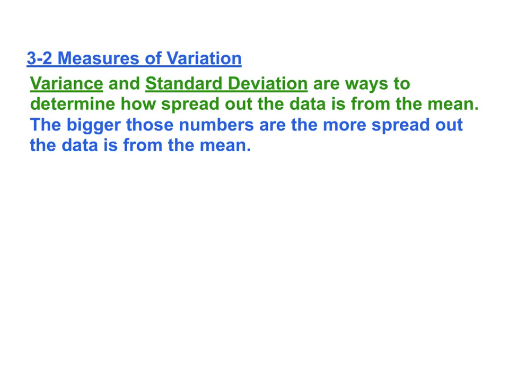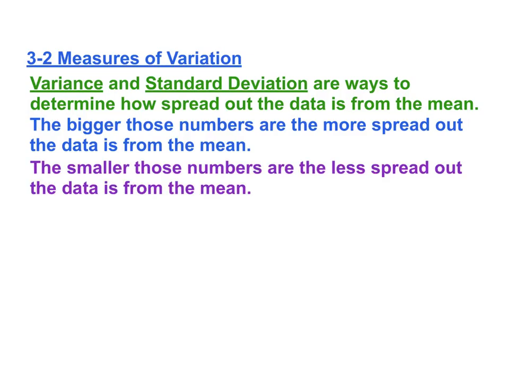Why do you need to find out how spread out it is? We'll talk about that. It's a good question, and we will talk about that. Okay, the converse is also true. The smaller those numbers are, the less spread out the data is from the mean.